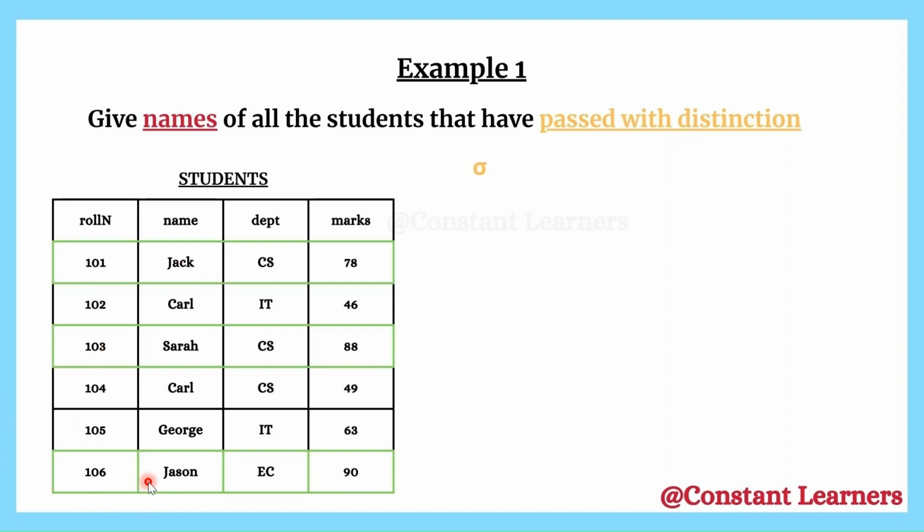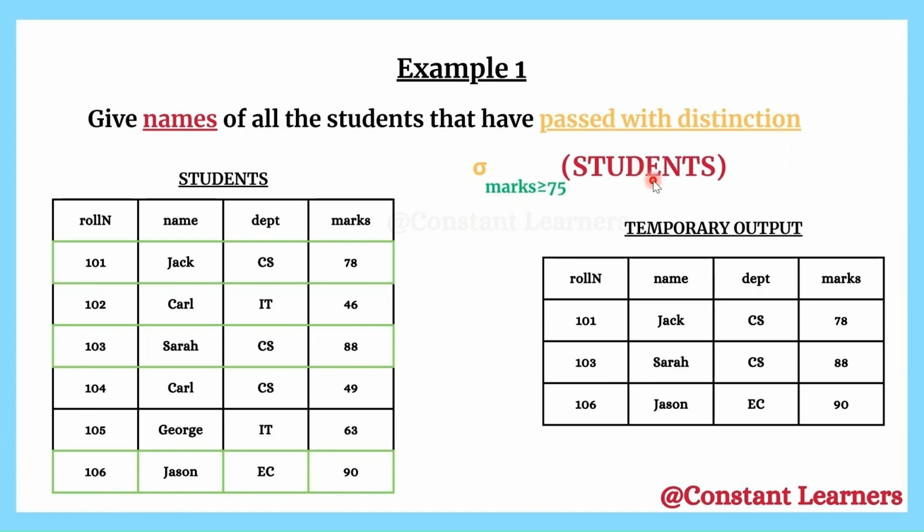So we start with sigma, and the condition is marks have to be greater than or equal to 75. So the condition goes as the subscript, and the name of the table, that is students. So the output will be Jack CS 78, Sarah CS 88, and Jason EC 90. So we've got our three entries.